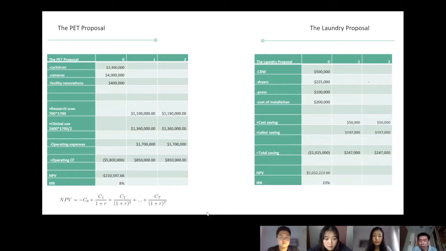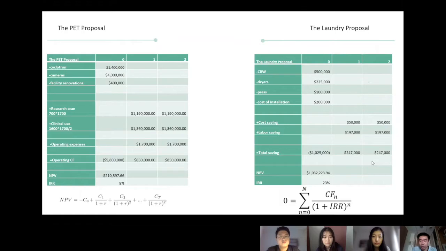Research scans will get all grants, and clinical use can only get half. So the income is 700 multiplied by 1,700 plus 1,600 multiplied by 1,700 divided by 2. The annual operating expense is $1,700,000, so the annual operating cash flow is $850,000.